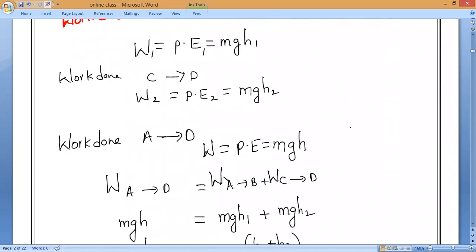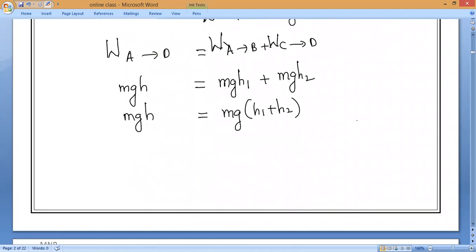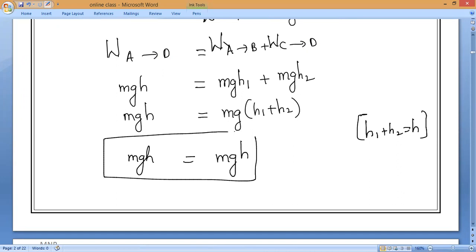H. That is what you have to remember. So H1 plus H2, the total height, is equal to H. So you get MGH is equal to MGH. So this is what I want to say.